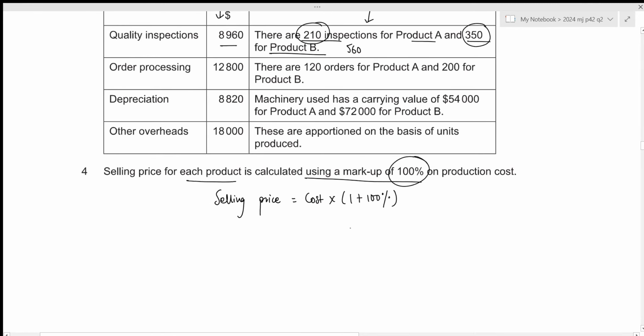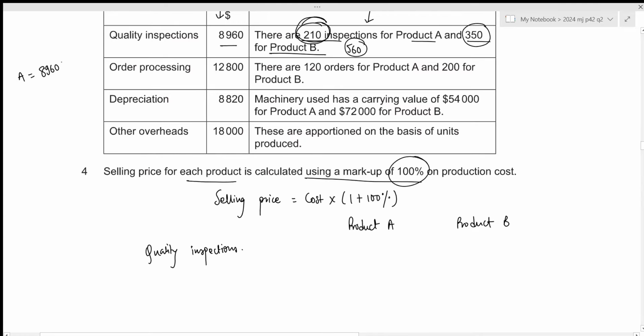I'm just going to divide the quality inspections among product A and product B as a whole, not per unit. So we first have quality inspections. Now for product A, out of 560 inspections, 210 belongs to it. So the total amount of quality inspections for A will be 8,960.